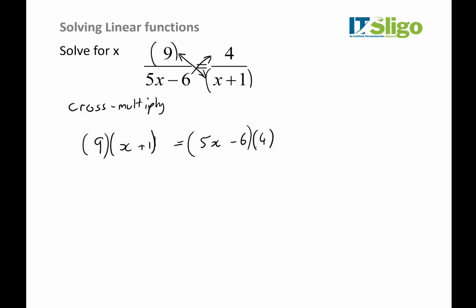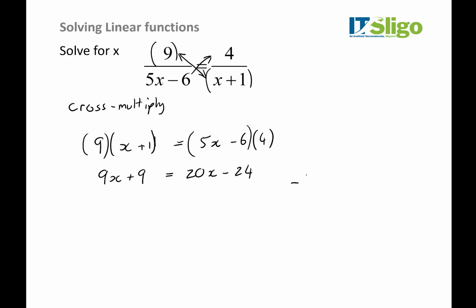Be careful here, guys. The main mistakes people make are just not paying attention. So multiply through 9x plus 9. And here, guys, we have 20x minus 24. I'm going to bring all the x's to the right hand side because that's where things will be positive.